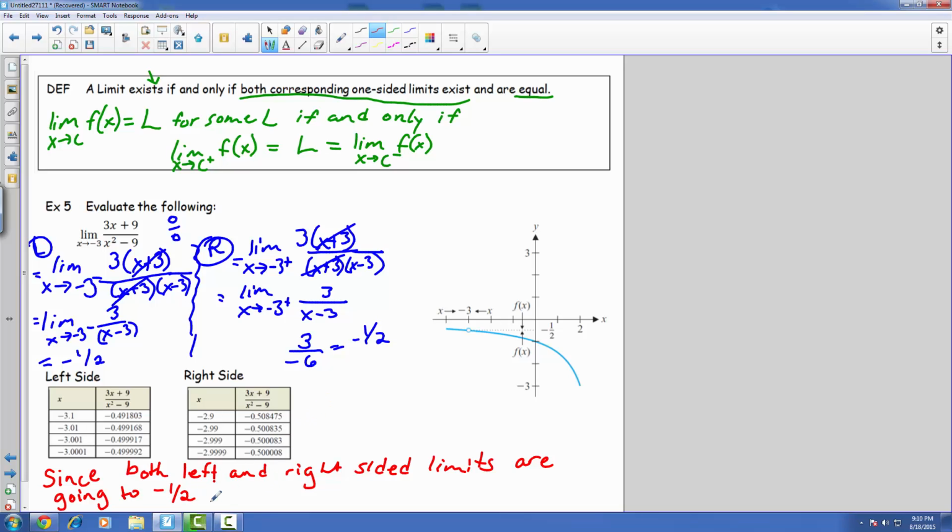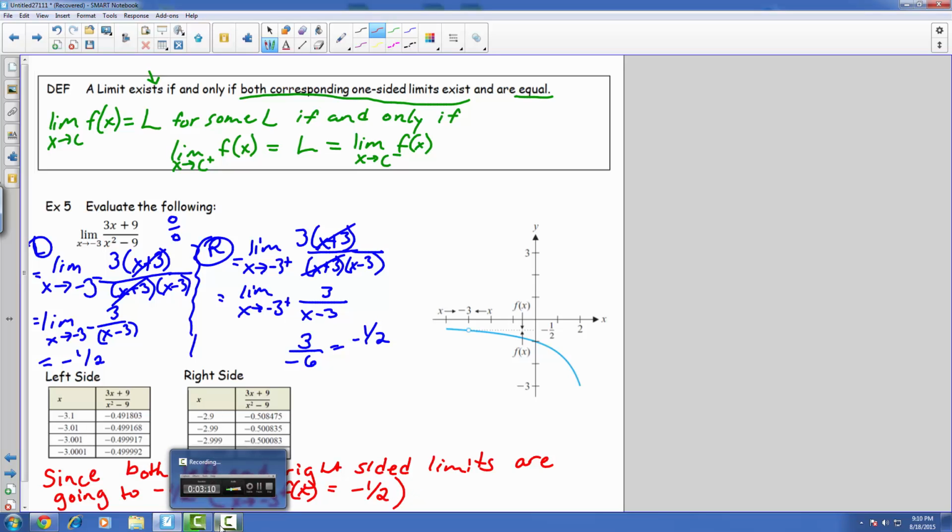So pretty much the limit as x approaches negative 3 of our function f of x is equal to then negative 1/2.